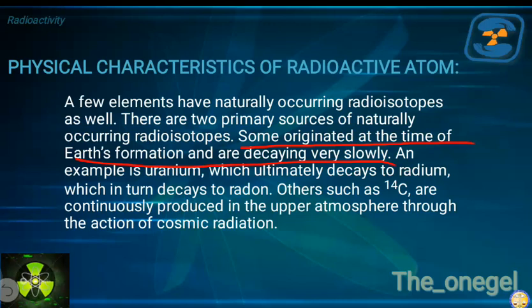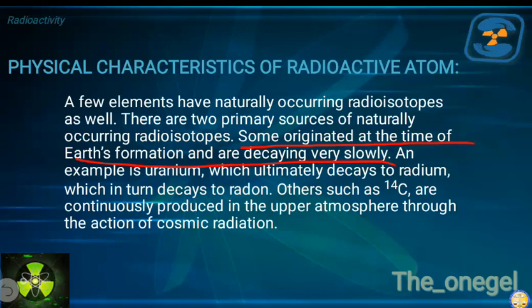Ginagawa pa lang yung Earth, nandun na sila, mga radioactive sources na yon. So primordial radiation. An example is uranium, which ultimately decays to radium, which in turn decays into radon. So from uranium, nagiging radium, at saka nagiging radon.